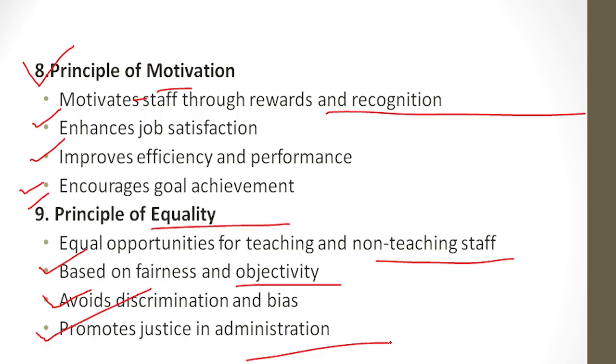So equality reduces conflicts, bias, stereotypes, and prejudice in the system. Without any discrimination in the institution, irrespective of color, caste, creed, on any ground, everyone should be treated with fairness and objectivity. This is very important.